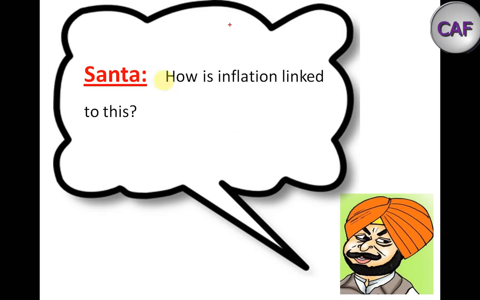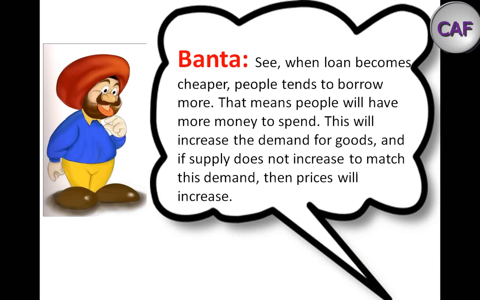Again, Santa has another doubt: how is inflation linked to this? How is inflation correlated to the economy or to monetary policy? Banta replies: see, when a loan becomes cheaper, guys, very important flow here, see very carefully.